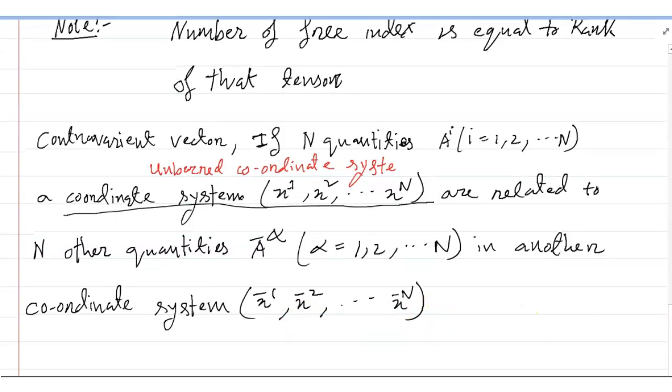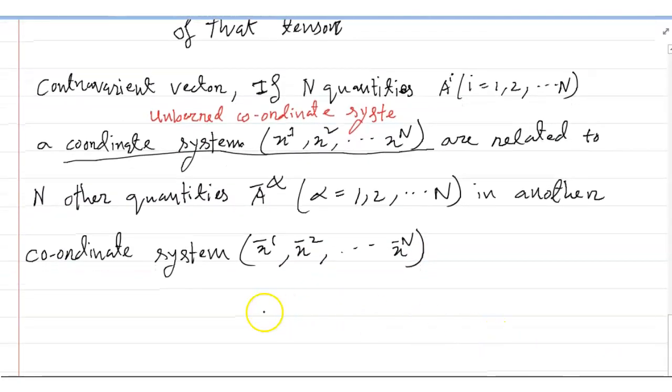So friends, I have already told these transformations in my first class, but I recapitulate: A bar alpha is equal to del x bar to the power alpha by del x to the power i, into A superscript i.